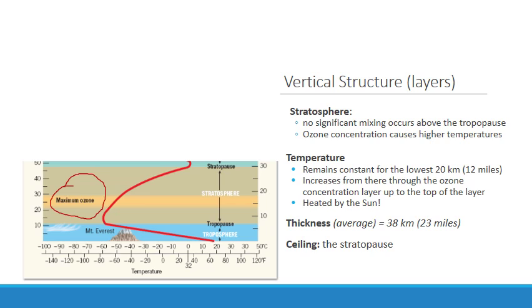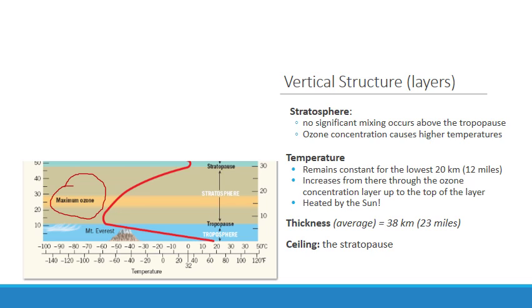Higher temperatures occur in the stratosphere because it's in this layer that the atmosphere's ozone is concentrated. Remember that the ozone absorbs ultraviolet radiation from the sun, and so consequently the stratosphere is heated by the sun.